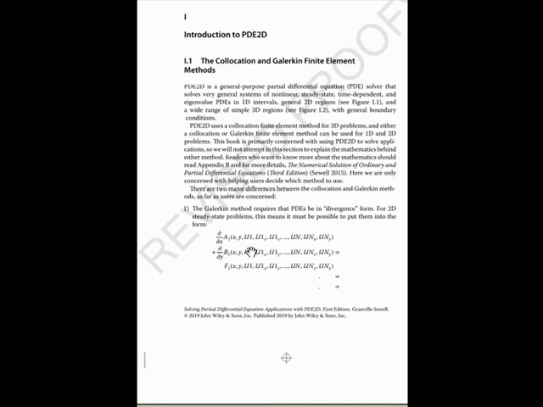And one is the form of the differential equations. The Galerkin method has this divergence form, which is the partial with respect to x of something, which can involve first derivatives, plus the partial with respect to y of something, which can involve first derivatives. So overall, the left-hand side here is generally second order, but it has to be in this divergence form, the divergence of the vector A, B, where A and B can be functions of the unknowns and their first derivatives.